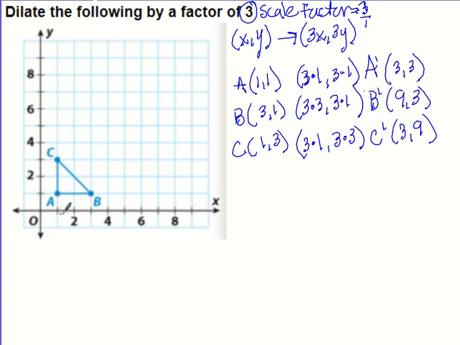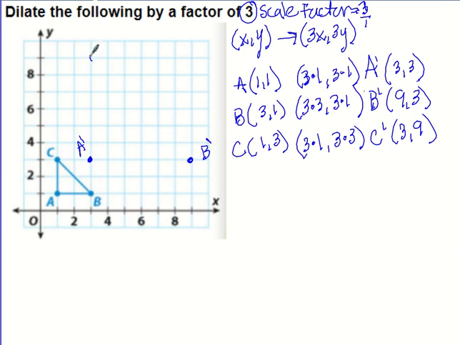All right, let's go graph these. So (3, 3), A prime. (9, 3), B prime. And then (3, 9), C prime. Oops, I'm not at 3. I'm at 2.